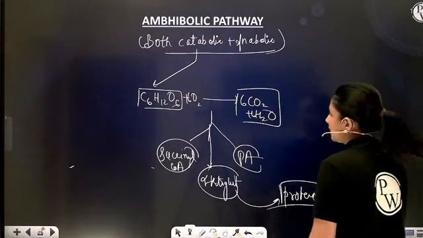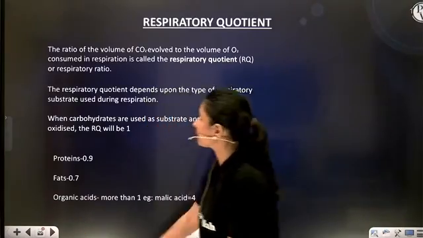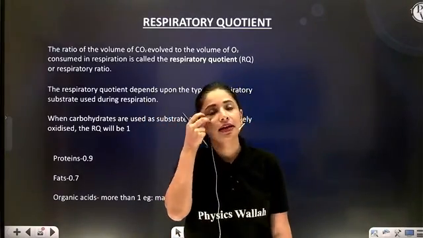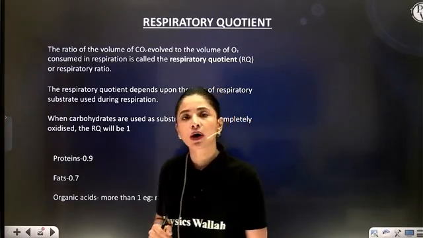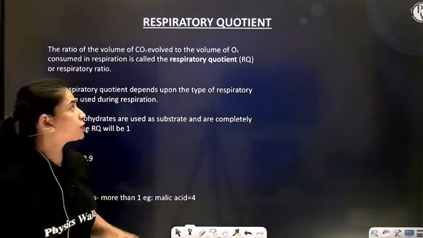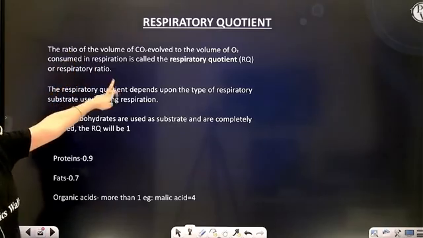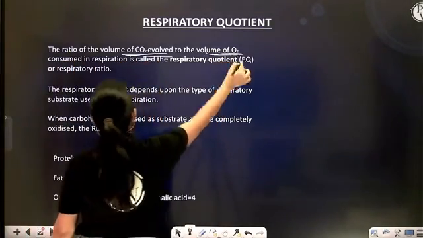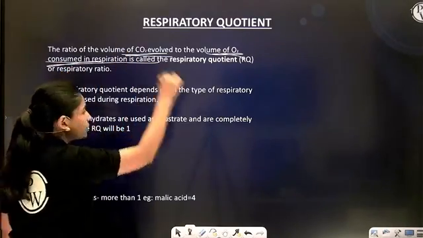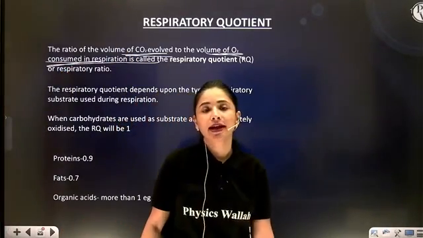Now moving ahead with the next and the last topic, that is respiratory quotient. Respiratory quotient means what? Respiratory quotient simply means the ratio of the volume of CO2 evolved to that of oxygen consumed during respiration.